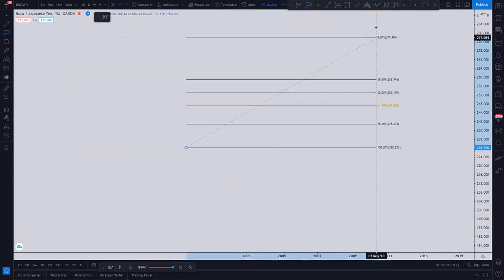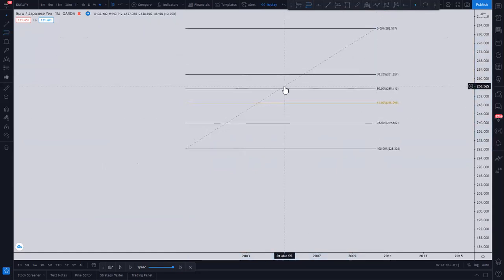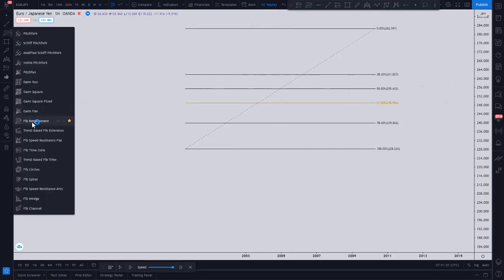So Fib is something like this, right? It's a tool that we use that represents support and resistance for us. So where do we find that tool? We just go in our tools, 1, 2, 3, the third one, you will find a Fib retracement.